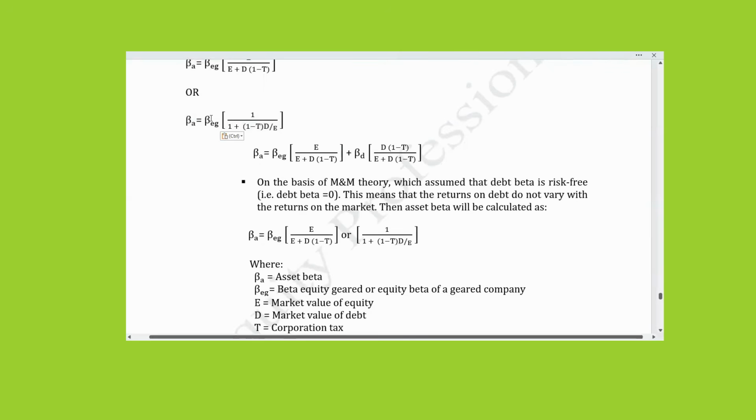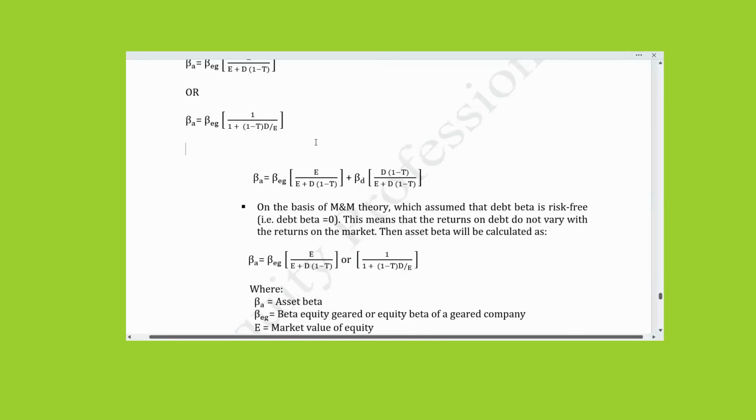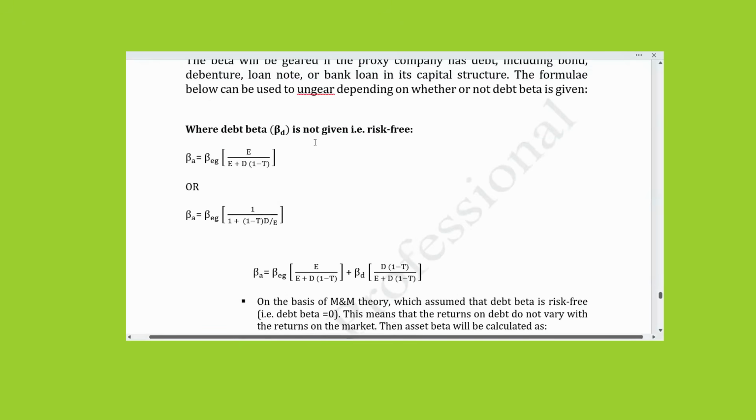I can also say the asset beta, or ungeared beta, is computed as the beta equity of a geared company multiplied by 1 divided by 1 plus (1 minus the tax rate of the proxy company) multiplied by the debt-equity proportion of the proxy. This is another formula you can use to calculate the asset beta, where debt beta is assumed to be risk-free.